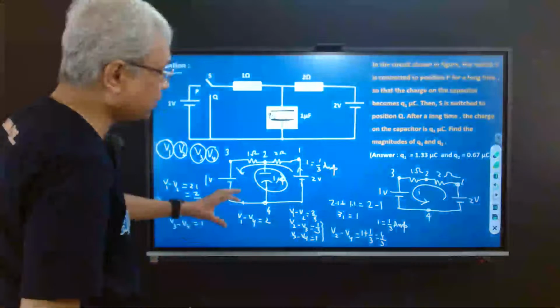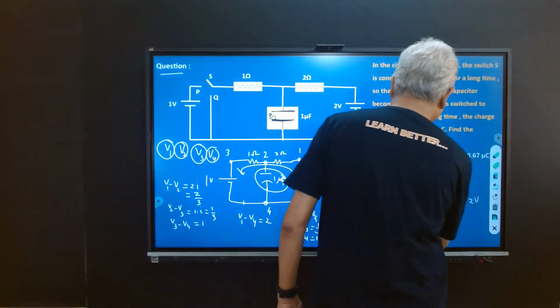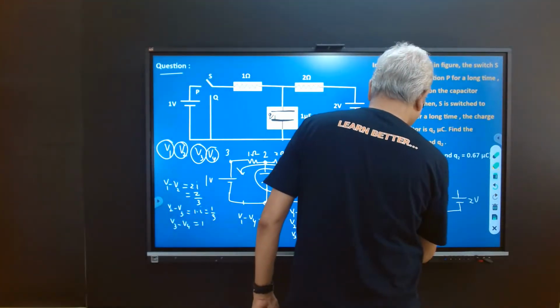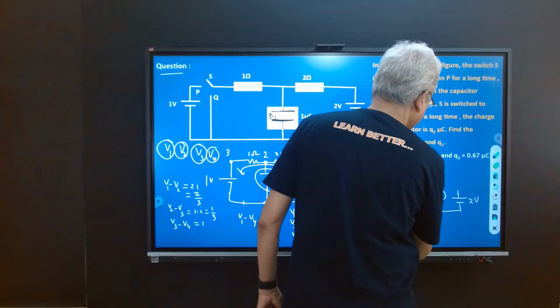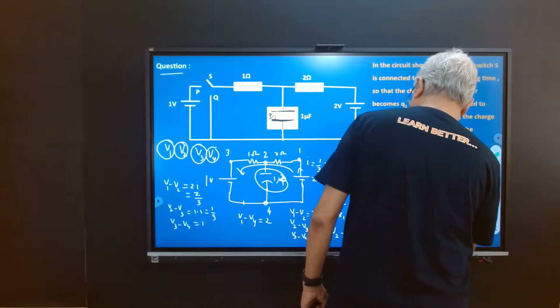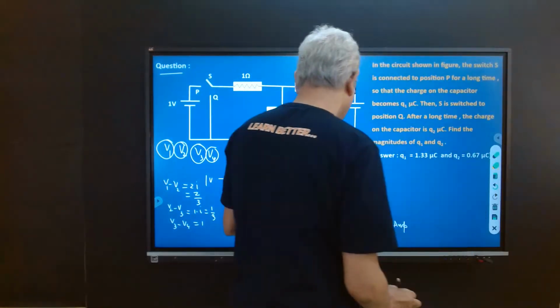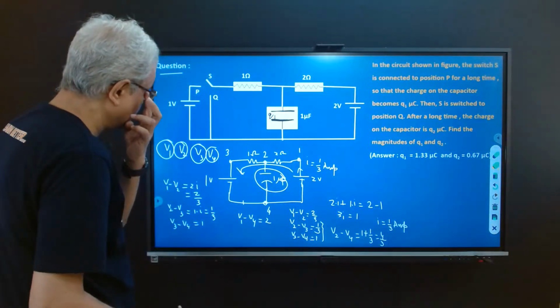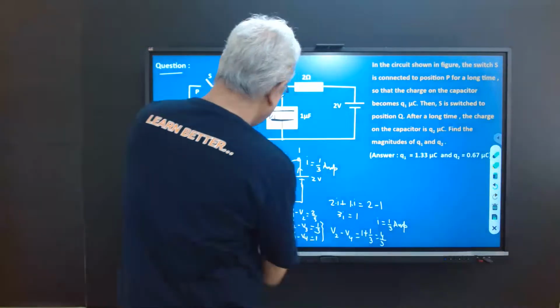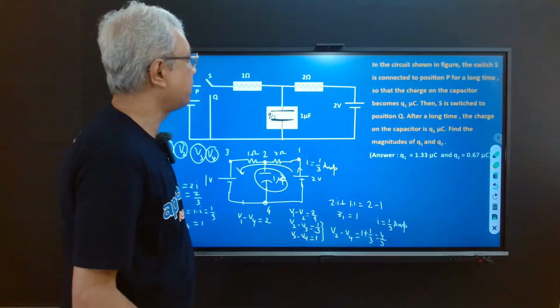So V2 minus V4 is 4/3 volt. Now, V2 minus V4 is the potential difference across the plates of the capacitor.